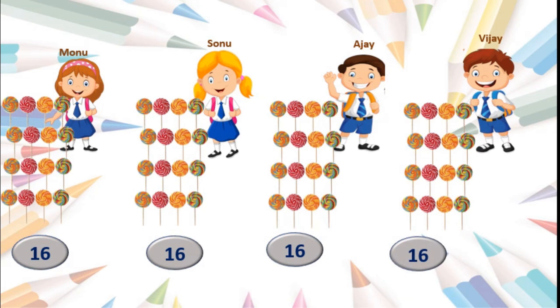We will do the verification. Here when we add all these 4 numbers, we must get 64, isn't it? The total number of lollipops that Grandpa bought. Yes, we are right. We got 64 when we added 16 four times.